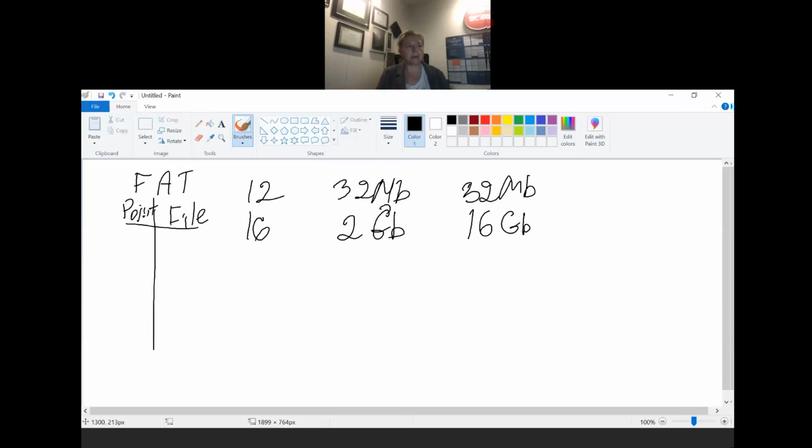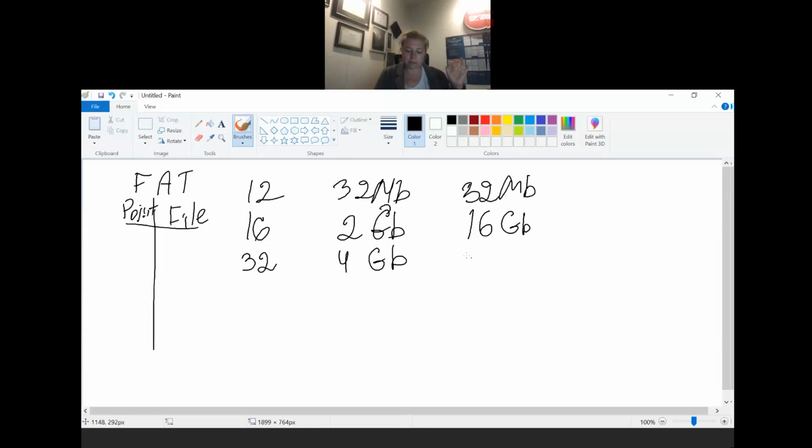Then around Windows 98 they started using FAT32, and actually you can still format your SSD drive, your hard drive, or your thumb drive into FAT32. You probably wouldn't, because of the limitations. It had a single file limit of 4 gigabytes, so you couldn't write any file larger than 4 gigabytes.